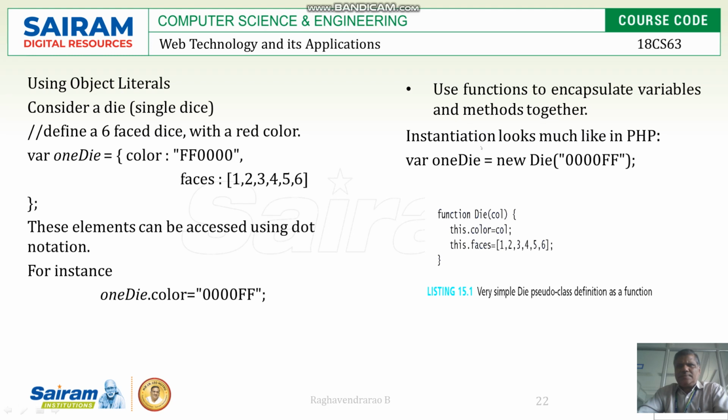Here is function die, the color, whichever color it is, we will pass that particular information to this. Then that particular color is checked, and whatever number is the face that you will get is shown here. So this is pseudo code, or you can say a pseudo class function, that is used over here.